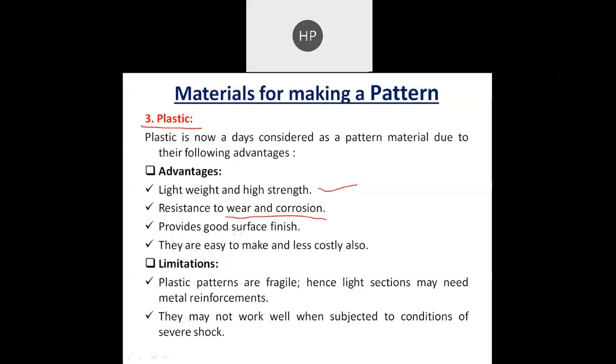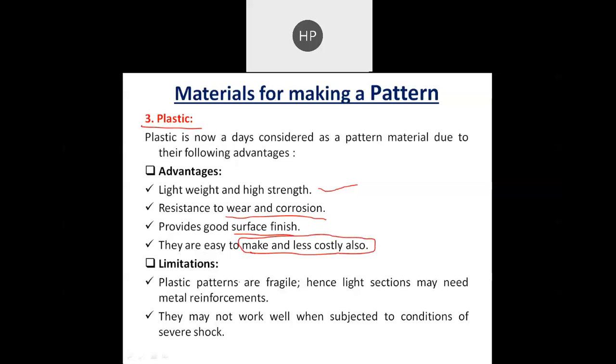And they also provide a good surface finish. Any smooth surface we want to generate is easily generated on plastic. Then they are easy to make and less costly. The cost is very low and they are easy to make. So these are some of the important advantages of plastic.